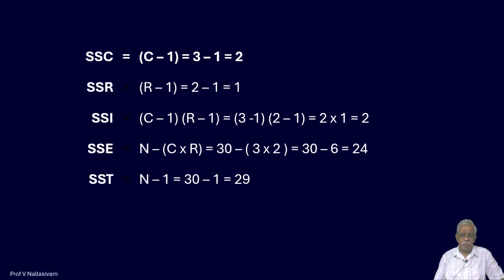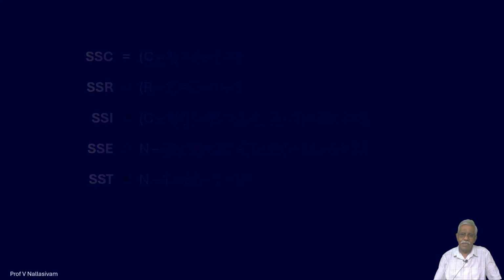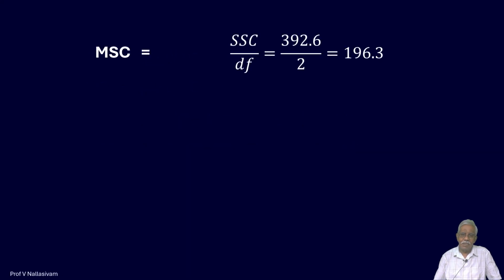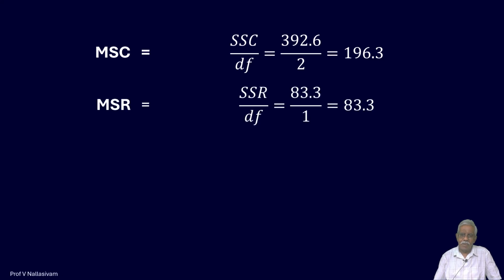Now we shall proceed to calculate the mean square values of SSC, SSR, SSI and SSE by dividing with the respective degrees of freedom. MSC equal to SSC divided by degrees of freedom, 392.6 by 2, 196.3.